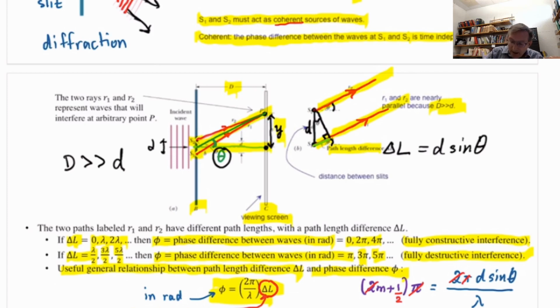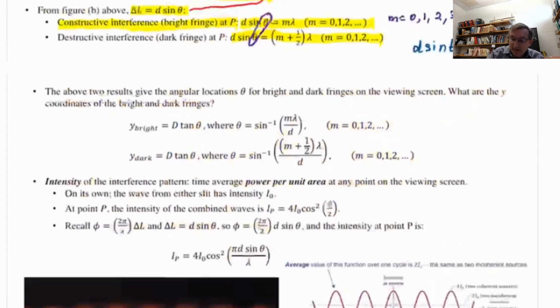Okay? Namely, let me just look at that picture. Tan theta is opposite over adjacent, y over big D. Tan theta is y over big D. All right, so now I'm going to use that.